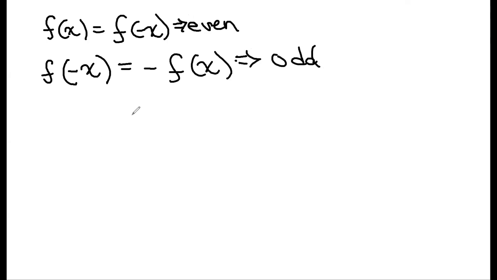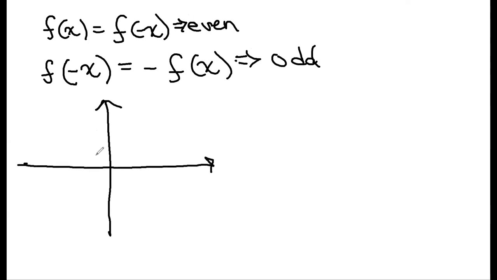Let's talk about a function that looks like this. It goes through here, does a little thing, and does almost the same thing. It goes through the origin on this side. I didn't draw it perfectly, but this is symmetry with the origin.